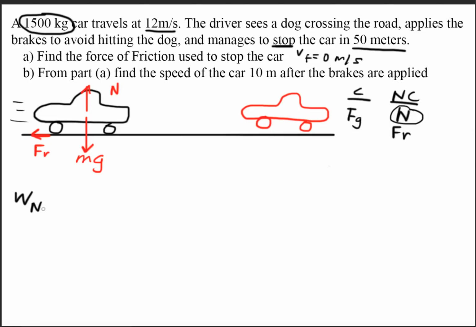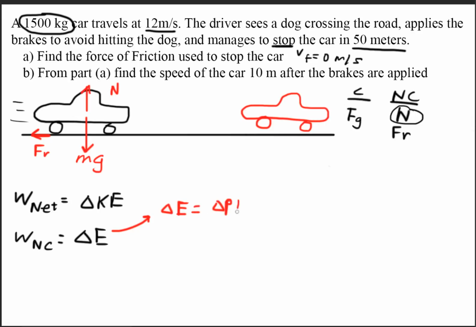Now the first one is the net work, and that is delta KE. We also have the work done by non-conservative forces, which is delta E. And keep in mind that delta E changes for every system, but in this system, we're dealing with the change in gravitational potential energy plus the change in kinetic energy.